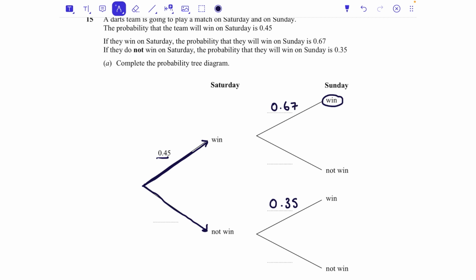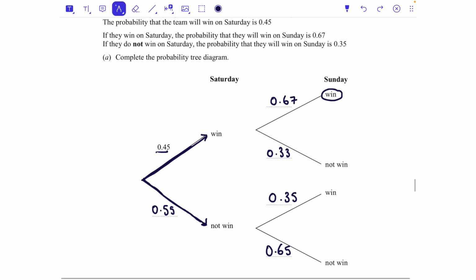So the chance of me taking this route or this route is going to add to make 1, which means this one is 0.55. And with Sunday up here, I need this to be 0.33 so that these two also add to make 1. And this one's going to be 0.65 again so that these two also add to make 1 because we are certain that we're going to take one of those paths.